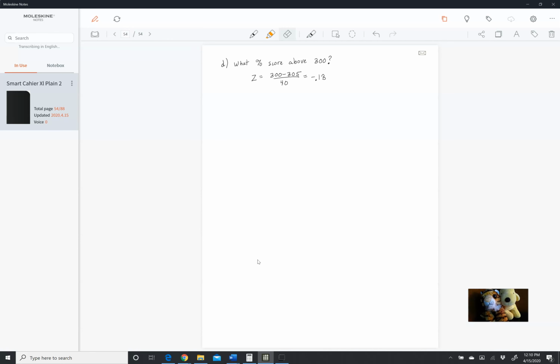Now here's the thing. The z-score table tells us the percent that falls below. So if we want the percent above, we need the opposite. And we kind of already know this from probability.